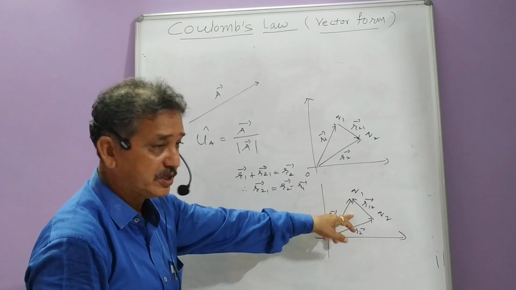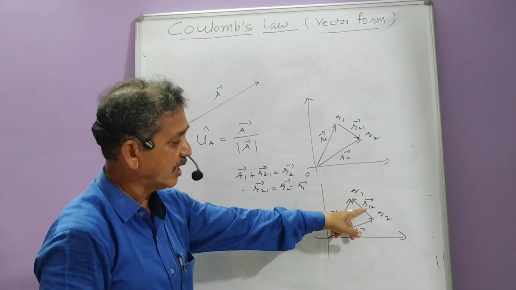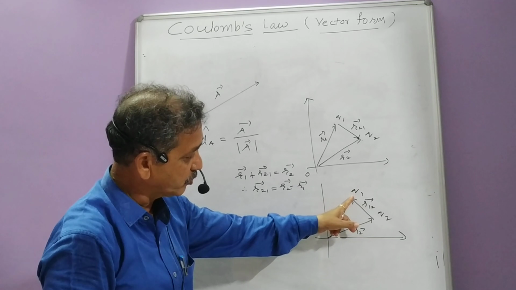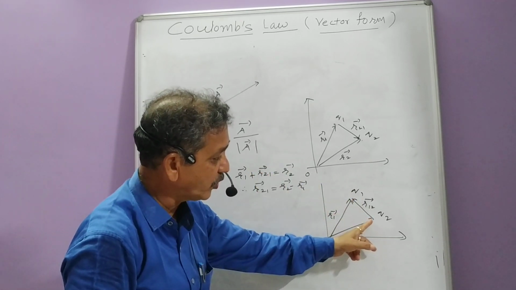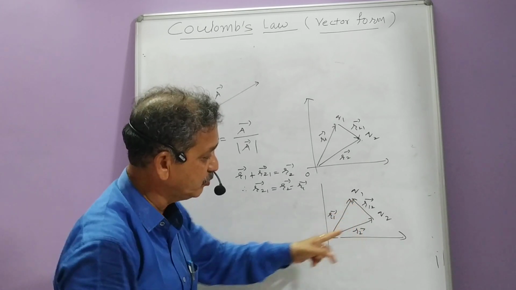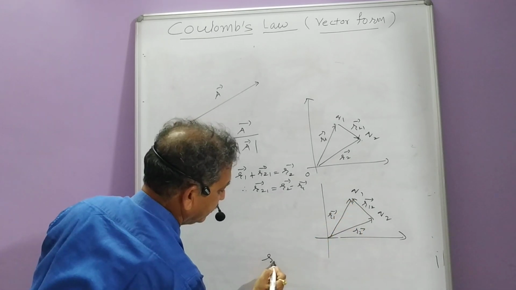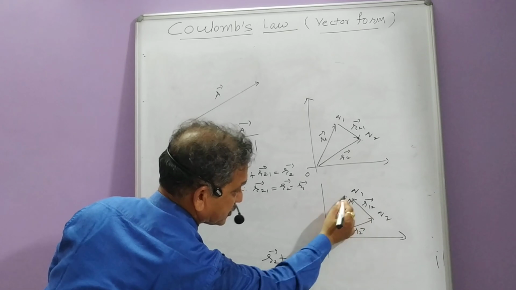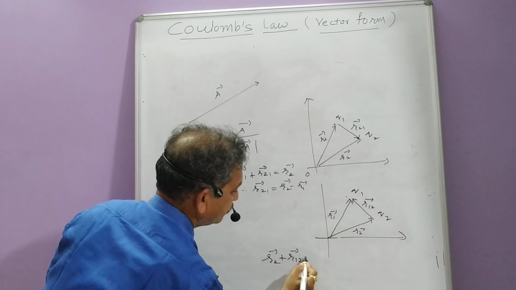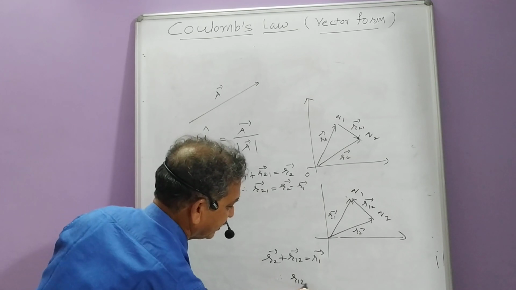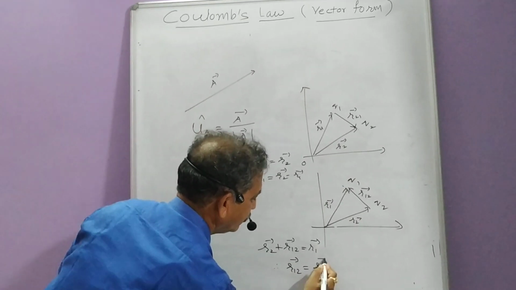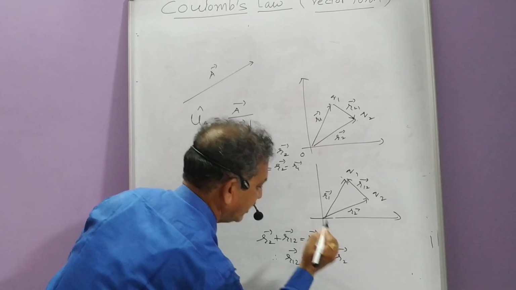Just again see in this diagram, this vector R12 is the position vector of Q1 with respect to Q2. Here the first vector is R2, and from its head there is another vector R12. So according to the method of triangle, vector R2 plus R12 is equal to vector R1. So you can write vector R12 is equal to R1 minus R2.